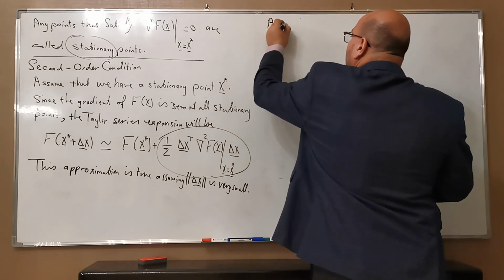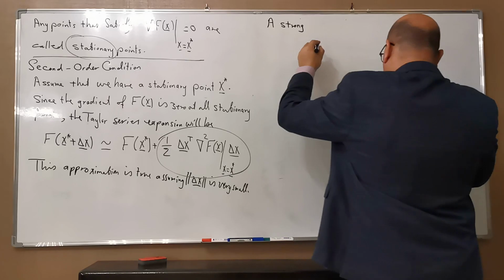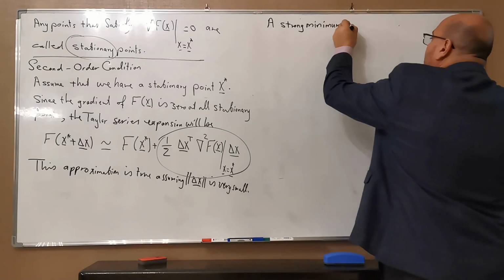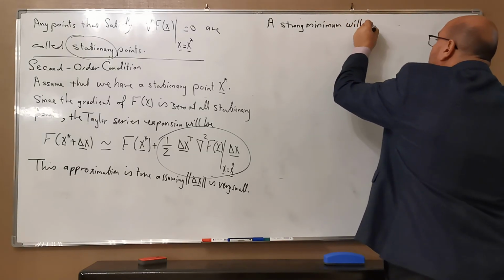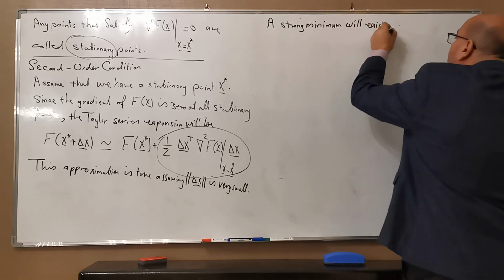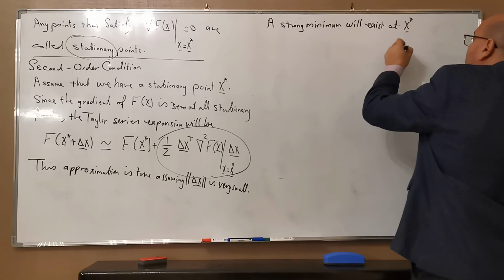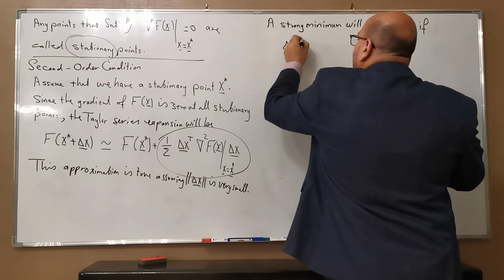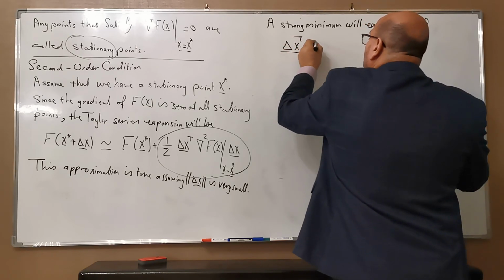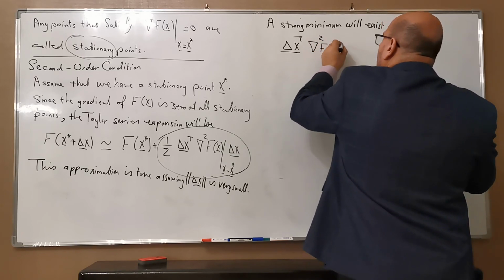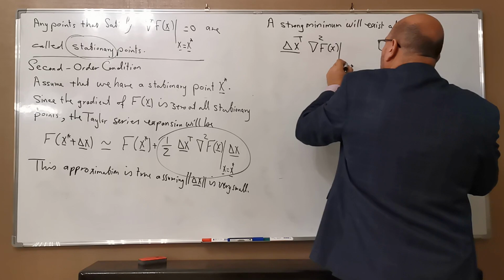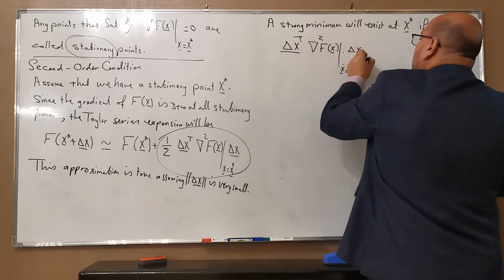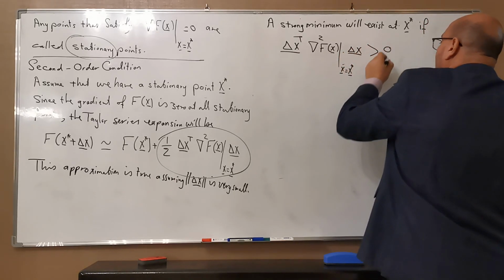So a strong minimum will exist at x star if delta x transpose del squared of f of x at x equals x star times delta x is greater than 0.